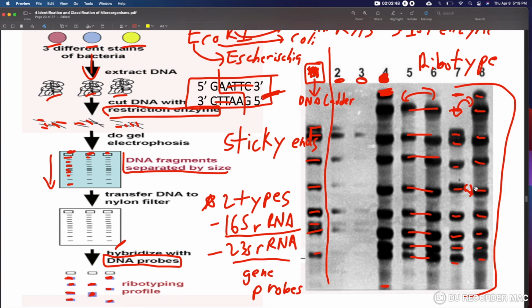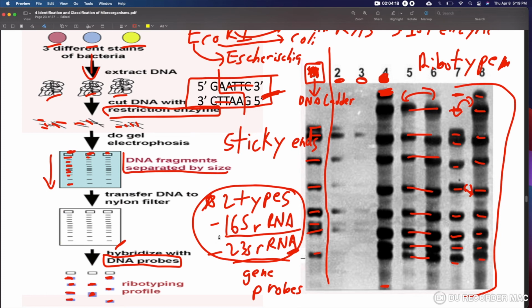The cool thing about ribotype versus whole genome DNA hybridization is that your ribotype profile uses only the 16S and 23S rRNA gene probes. So you can conclude more easily using ribotype because you're using not the whole genome but only a portion of the genome, only the 16S and the 23S.